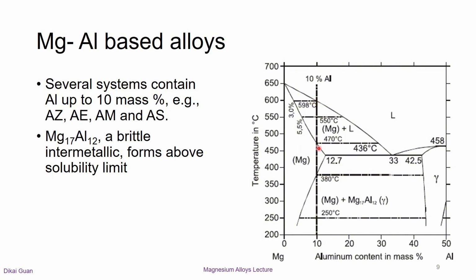Below 470 Celsius degrees, all the liquid turns into solid magnesium. However, from 308 degrees to room temperature, Mg17Al12 precipitation happens. Thus, after casting, this alloy has two phases, magnesium and Mg17Al12.